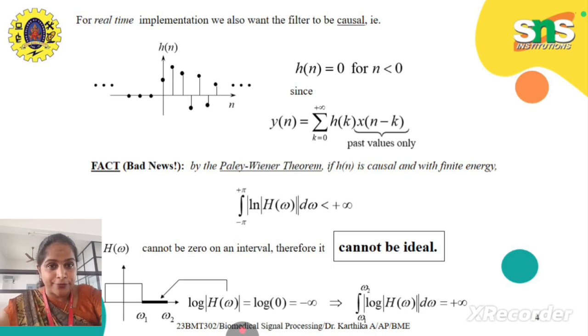Here h of omega cannot be 0 on an interval, therefore it cannot be ideal. Because in practical conditions we do not expect the ideal output. See here the log of modulus h of omega, which is equal to log of 0, is minus infinity, which in turn specified as integral omega 1 to omega 2 log modulus h of omega d omega is equal to plus infinity.